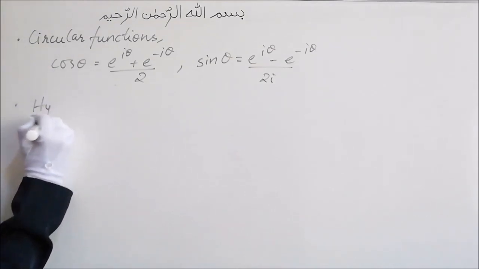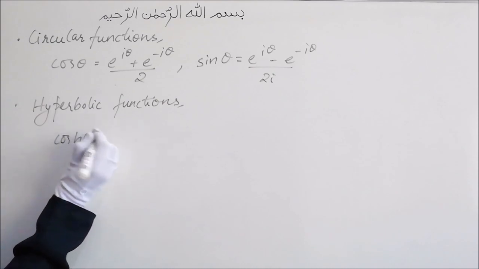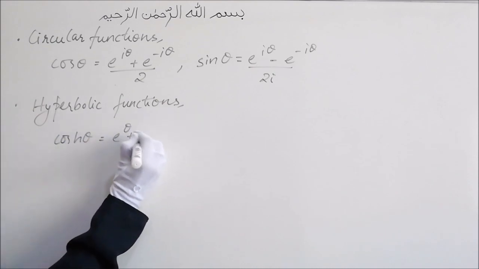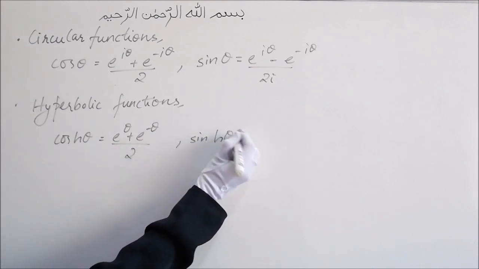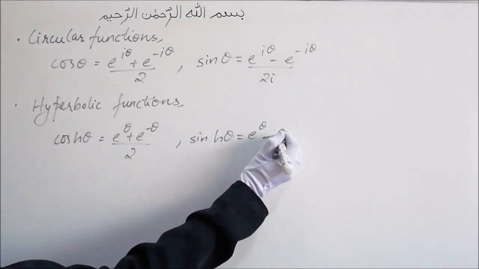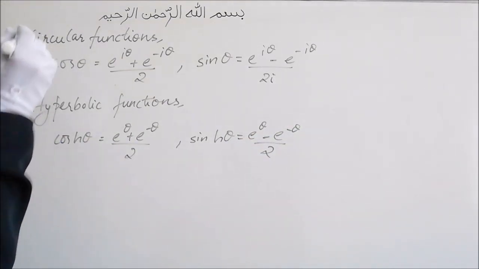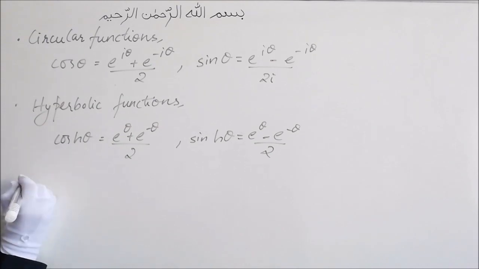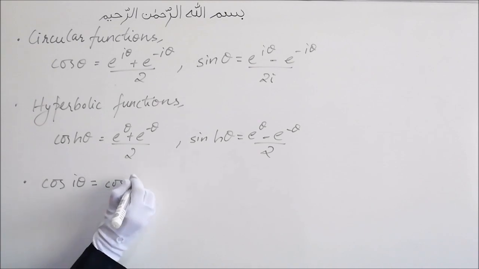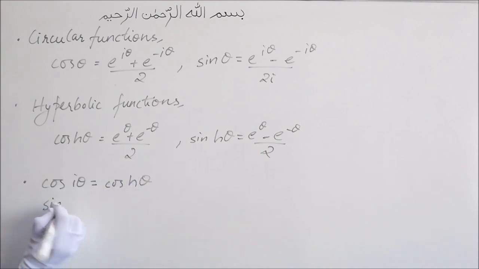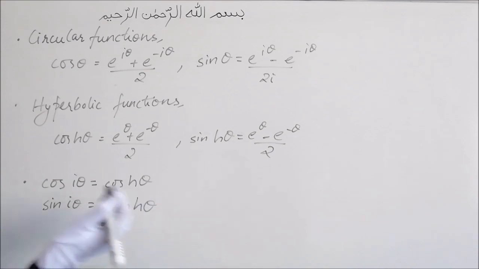The hyperbolic functions are cosh theta is equal to e raised to theta plus e raised to minus theta divided by 2, and sinh theta is equal to e raised to theta minus e raised to minus theta divided by 2. Now the relation between the circular and the hyperbolic functions is cos i theta is equal to cosh theta, and sin i theta is equal to i sinh theta.